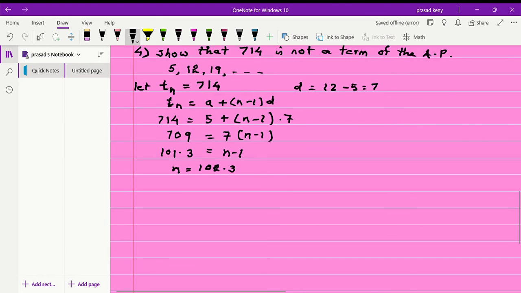Now, n is the number of terms. So, tell me, is it possible the number of terms is 102.3? No, it is not possible. Why? Because the number of terms should always be a natural number: 1, 2, 3, and so on. I can't have a decimal fraction as a number of terms. So, this is not possible.